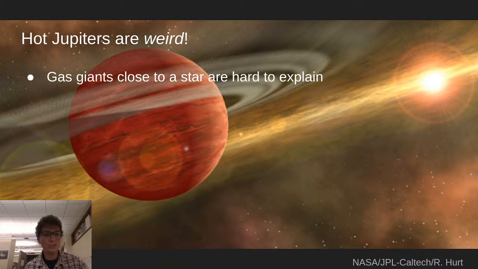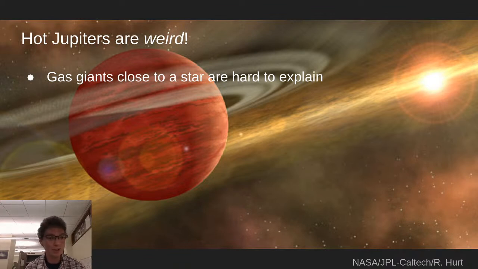So our planet formation theories, prior to the discovery of 51 Pegasi, the first exoplanet, were really good at explaining how you could form a solar system like this. They couldn't explain how a gas giant would get on a 3-day orbital period, would get so close to its star that it's closer than Mercury.